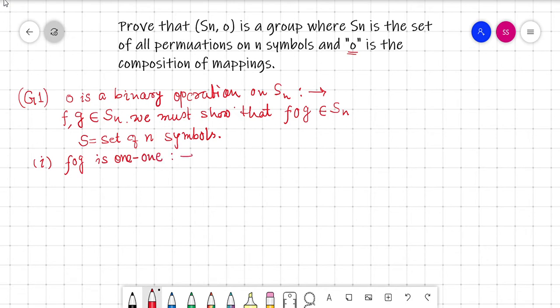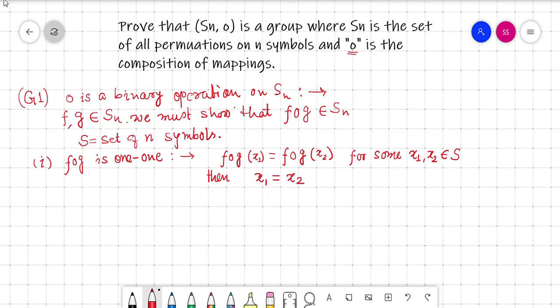To prove this, we have to show that if f composition g of some element x1 is equal to f composition g of some element x2, for some x1, x2 belonging to the set of n symbols, then x1 and x2 must be equal.